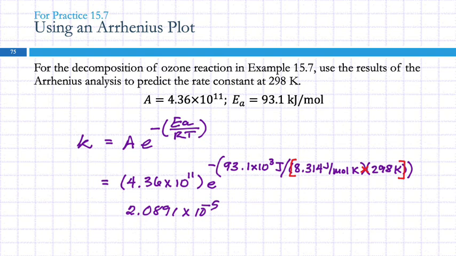Did you get that number? 2.075. Okay, let me check. Oh, 4.36, 8.314, 298. Instead of the 93.1, I put 1 times 10 to the 3rd.